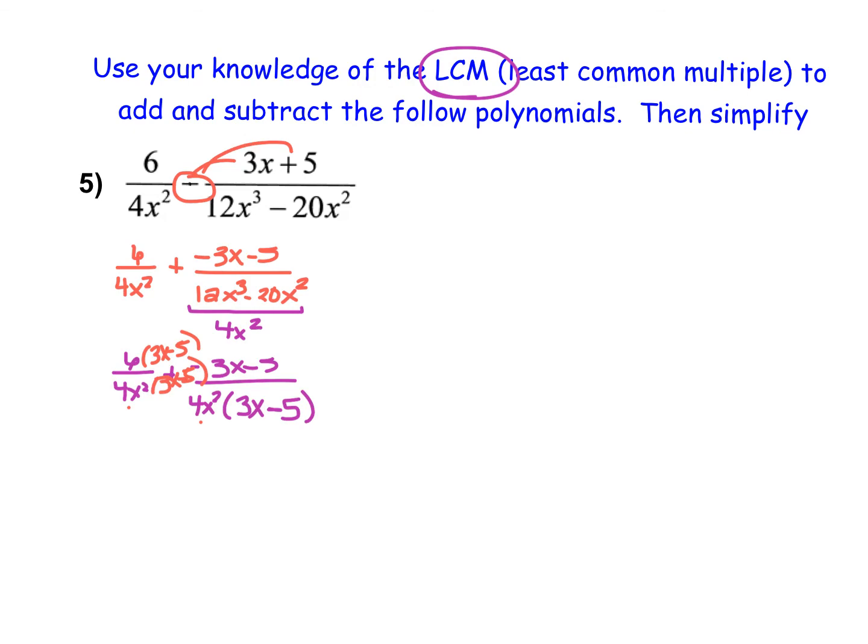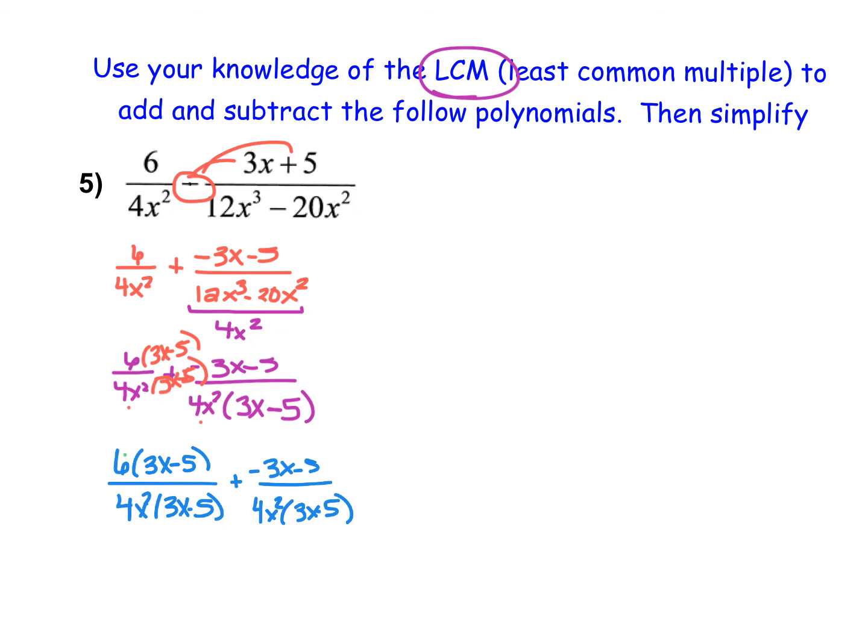And in doing so, I end up with 6 times 3x minus 5 over 4x squared times 3x minus 5. And then I have plus negative 3x minus 5 over 4x squared times 3x minus 5. So I now have that common denominator that I need to add my fractions together.